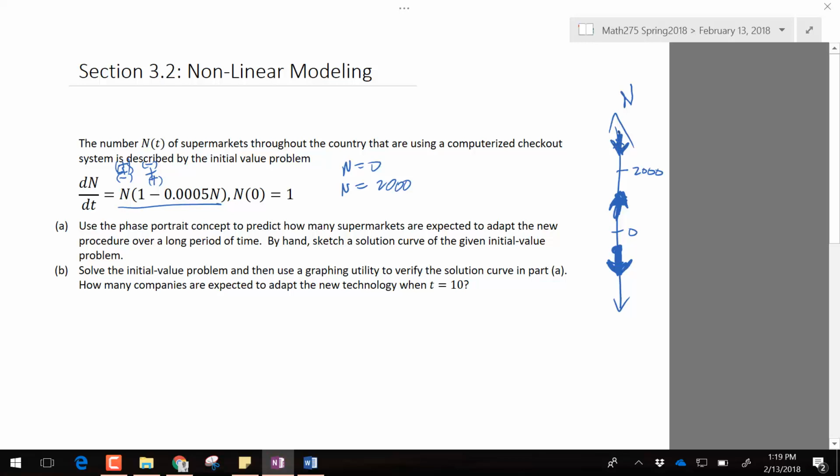So it does look like we have a stable equilibrium at 2000. I think they call it semi-stable.